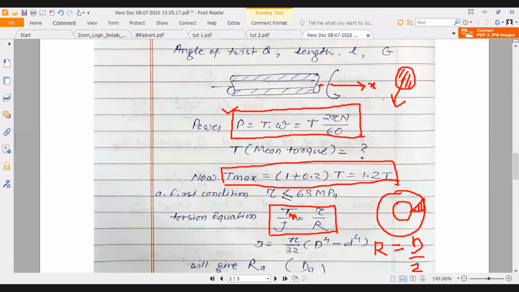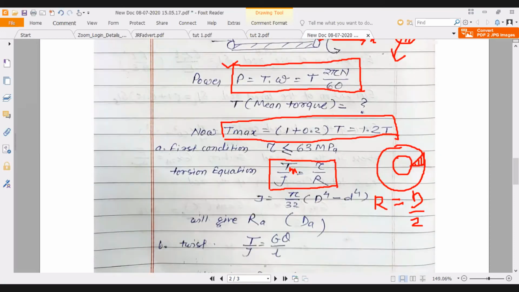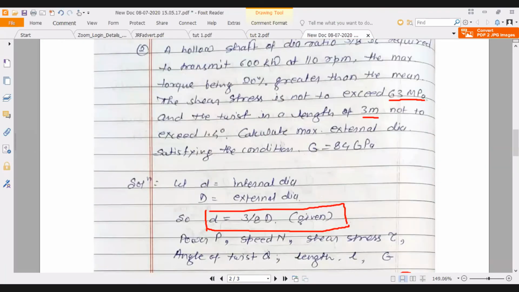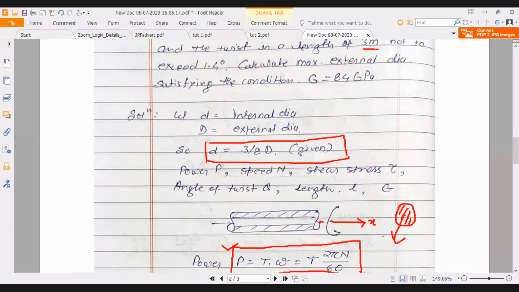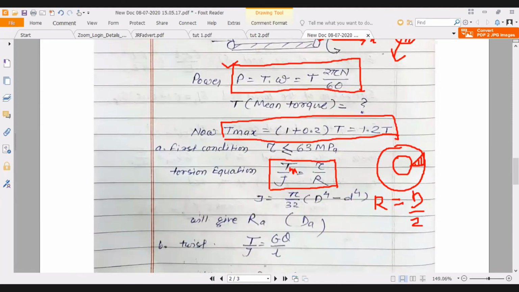So again you will use the extended form of this equation, that is G theta divided by L. G is your modulus of rigidity, already given in the question, and theta is also given. Theta should be taken in radian. Again the length is given, and this T by J is again T max. So this T and this J are the same quantities as in the previous equation.